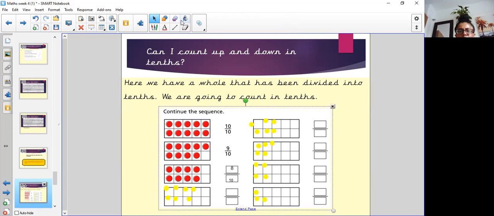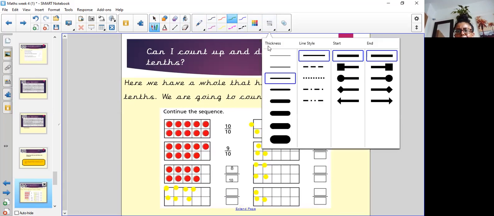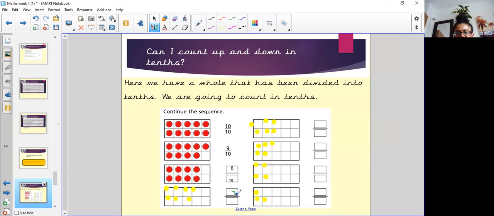Okay, and I'm going to just write the rest of them in because it's not really working. So here we've got 7 tenths, and then we've got 6 tenths. Over here we've got 5 tenths, 4 tenths, and 3 tenths. So there we have our counting in tenths.